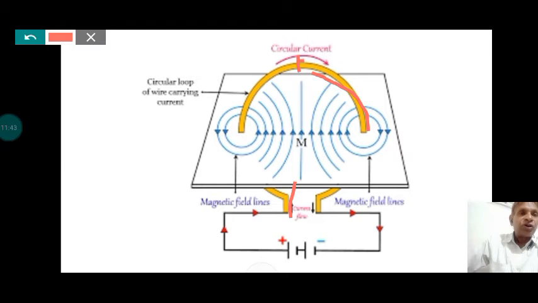The magnetic field produced at this section is also concentric circles. What is the direction of the magnetic field outside and inside the circular loop is discussed in the next slide.